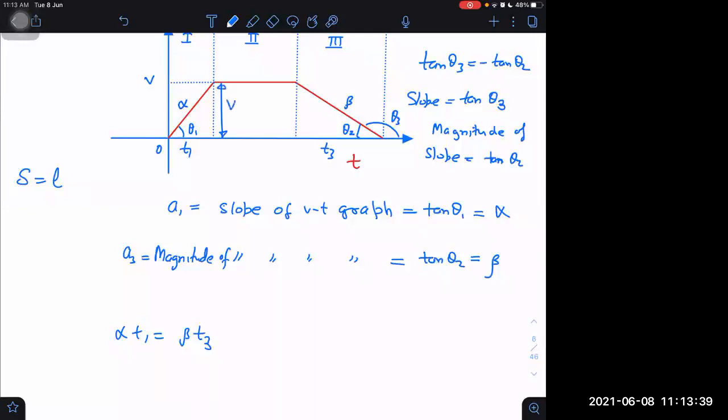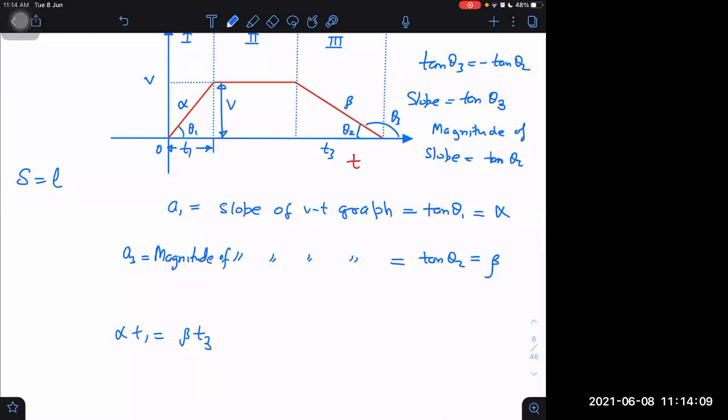This distance is V, so I can say perpendicular is V and base is T1. Then tan theta 1 into T1 equals V, since V upon T1 is tan theta 1. So that way also we can say alpha into T1 is equal to V, geometrically or by formula.